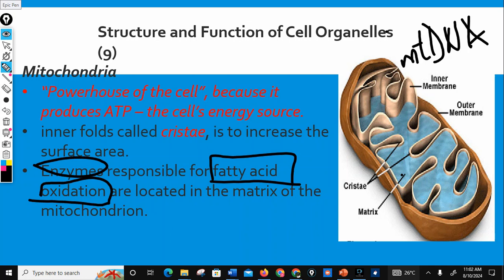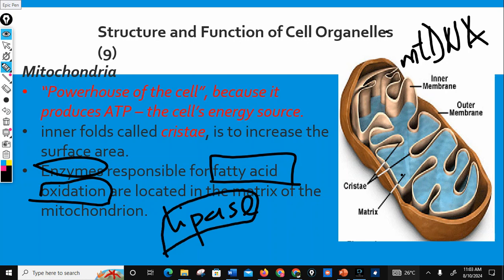I mean, okay, fatty acids are lipids, so the ones that break them down are called lipases.